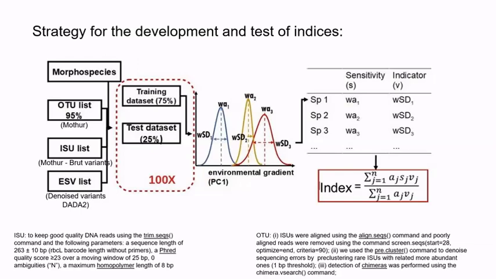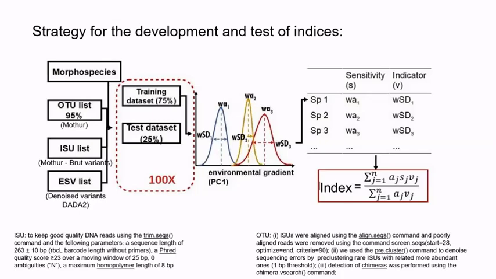So OTUs, remember, are our groups of sequences which are similar. And here the percentage of similarity chosen was 95%. A third one based on ISU. So ISU, I will show you, it's before OTU. And the last one based on ISV. So these are the denoised sequences that we get from the DADA2 pipeline.